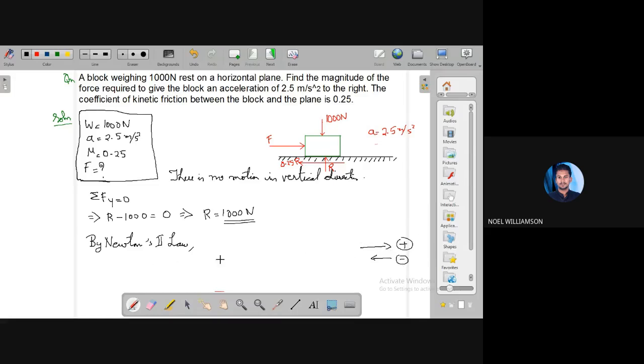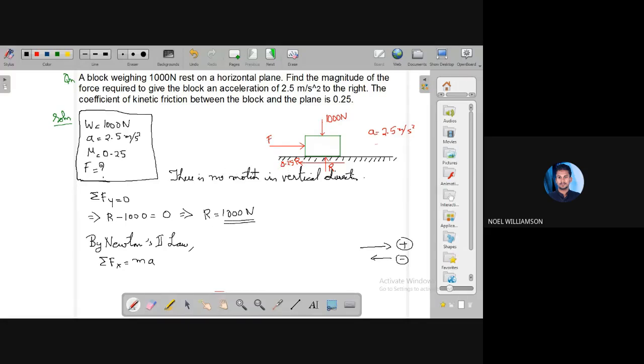Total force will be equal to ma. That is Newton's second law. We can write sigma Fx equal to m into a, and sigma Fx will be taken in such a manner that the forces in the direction of F will be taken as positive and opposite to that as negative.